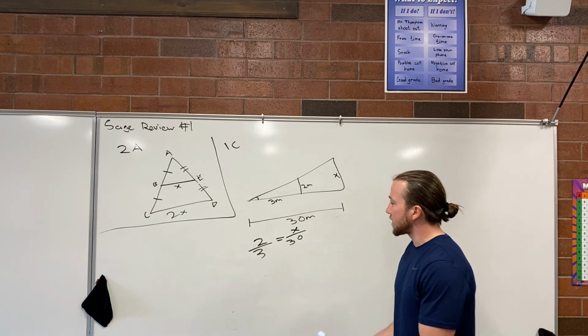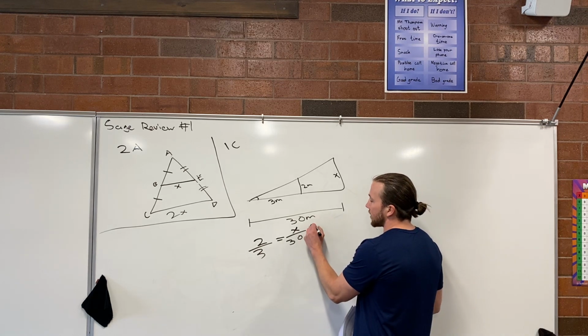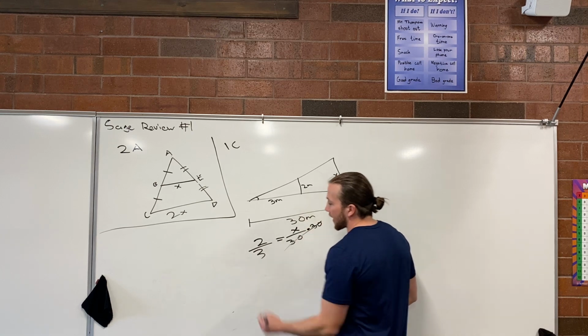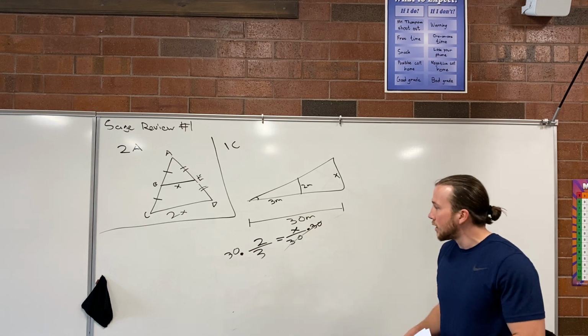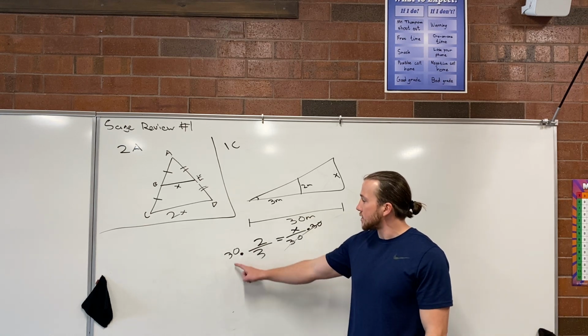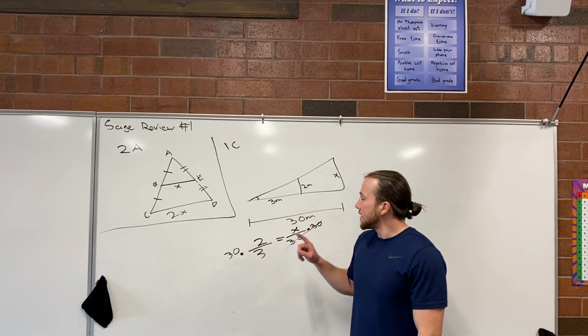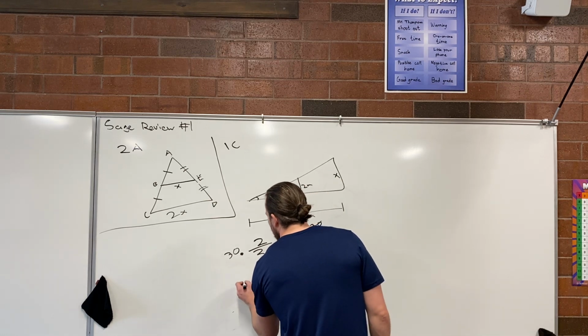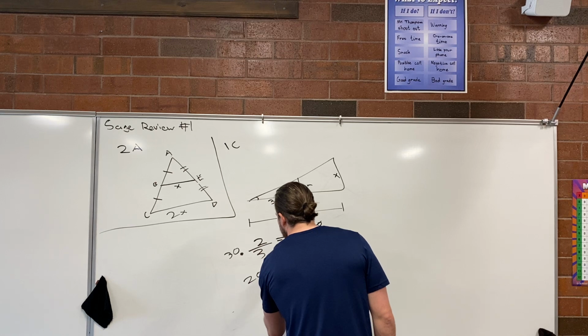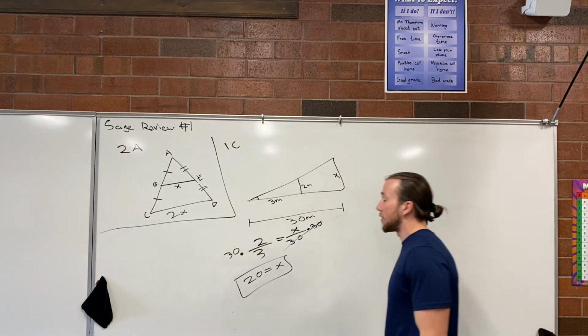So if I want x by itself here, I'm just going to multiply both sides by 30. So I multiply by 30 here, it cancels, I multiply by 30 here. And again, I could use my calculator if I wanted to, or we can just do this one in our heads. 30 times 2 is going to be 60. 60 divided by 3 is going to be 20. So I'm going to have an answer of 20 equals x. Okay, so that is our answer.